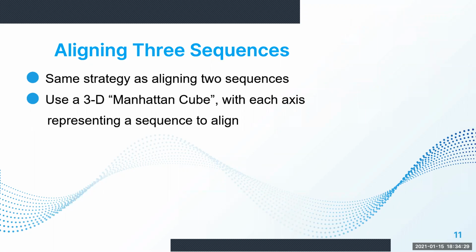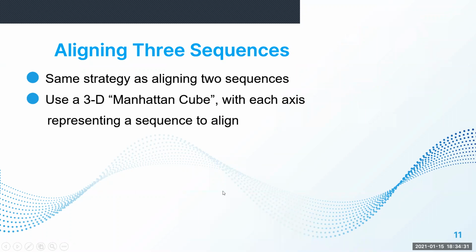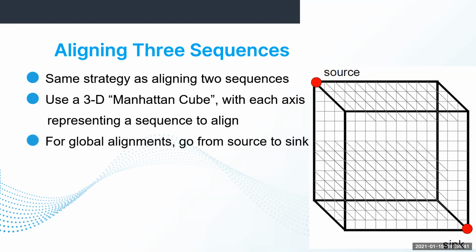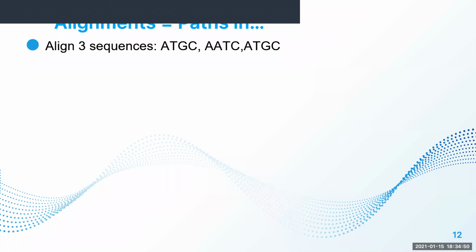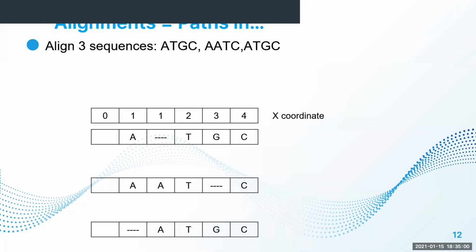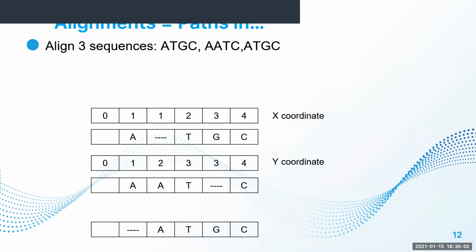If we do the same thing in dynamic programming, you have to work on a 3D cube. You go from a source to a sink, and you get the maximum value throughout this alignment. Suppose you have these three sequences, and you can arrange them like this.